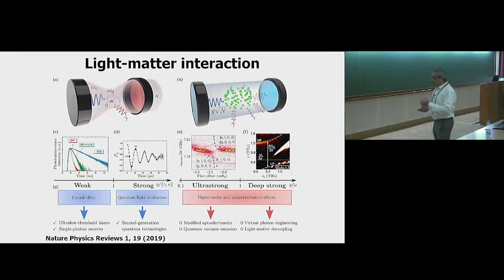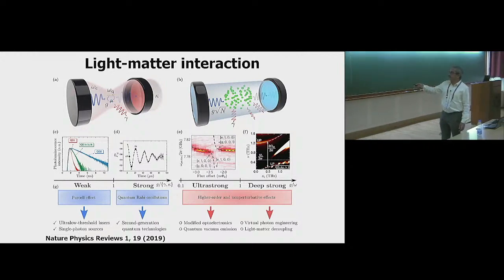So just to illustrate this, the weak and strong coupling regimes are achieved with simple Fabry-Perot cavities with an atom or a dipole emitter inside, right?